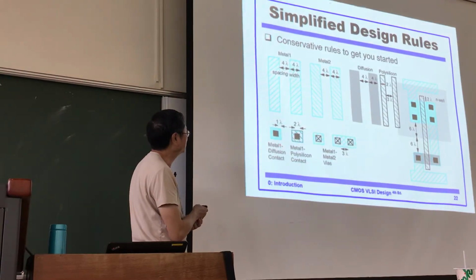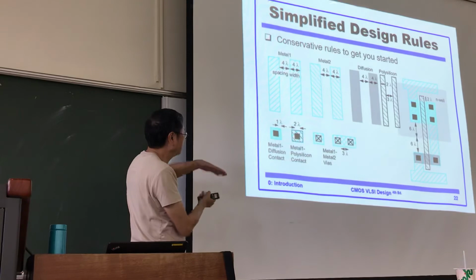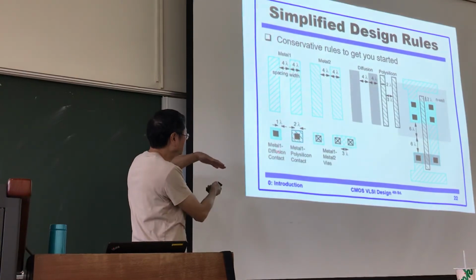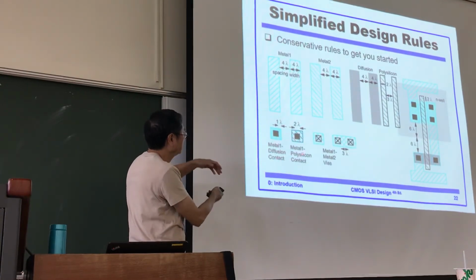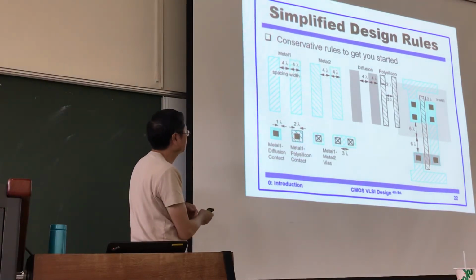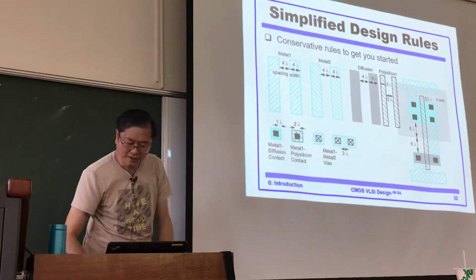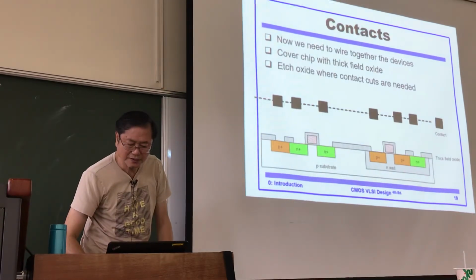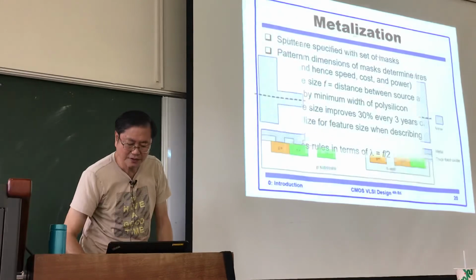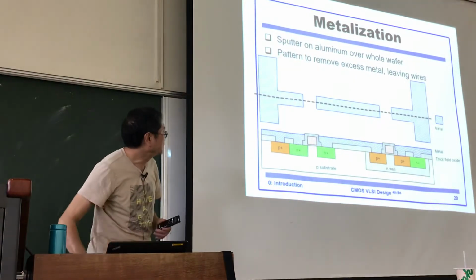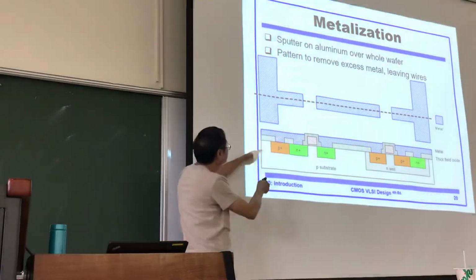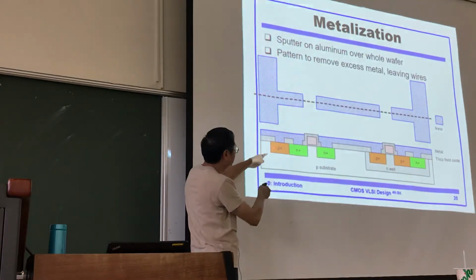Between metal 1 and diffusion, there is a contact connecting the different layers, and likewise metal 1 and polysilicon, a unique contact to connect different layers. Like this, this contact connects the metal layer and polysilicon.